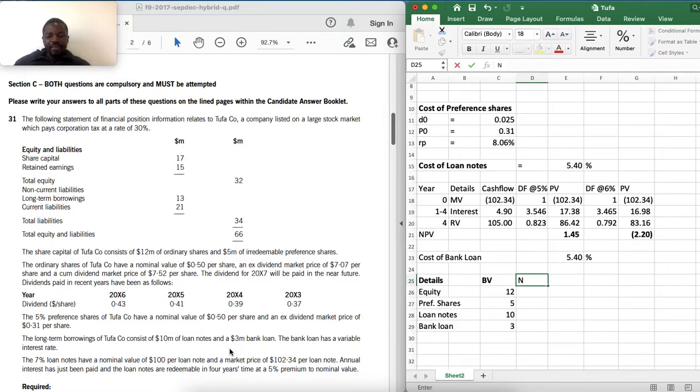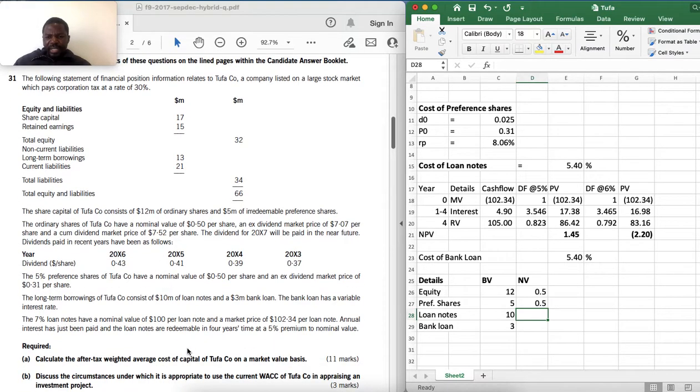Then I will have the nominal values. The nominal value for ordinary shares we are given here 0.50. The nominal value of a preference share is 0.50. The nominal value of a loan note we are given here, it's 100.